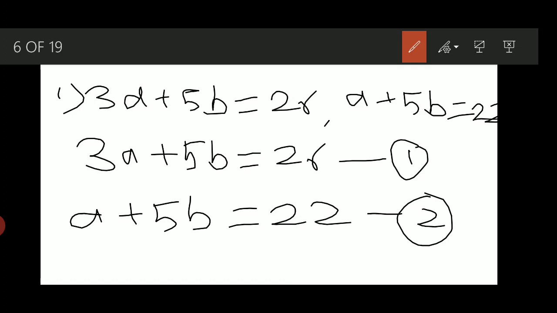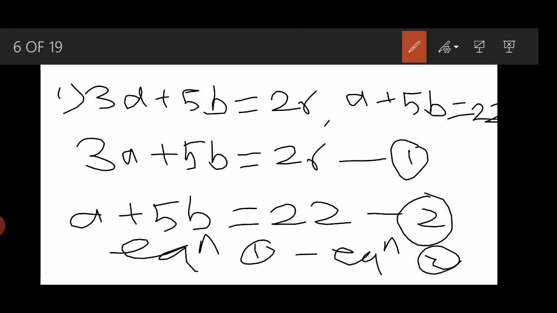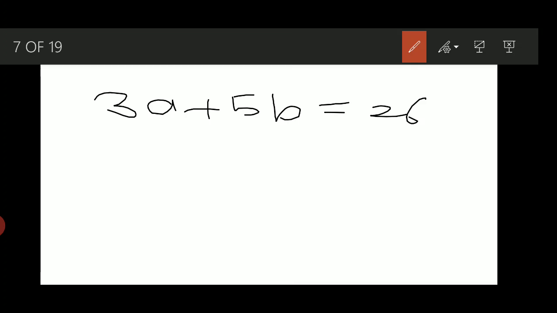Now we have to eliminate the variable b by subtracting equation 2 from equation 1. Equation 1 minus equation 2. What is equation 1? 3a plus 5b is equal to 26 and a plus 5b is equal to 22.